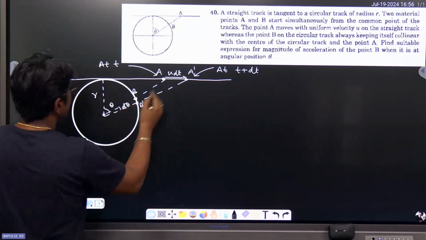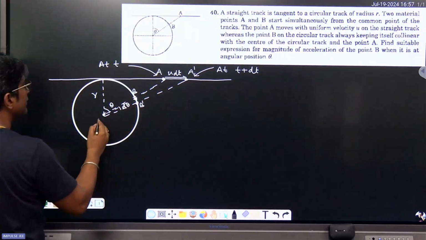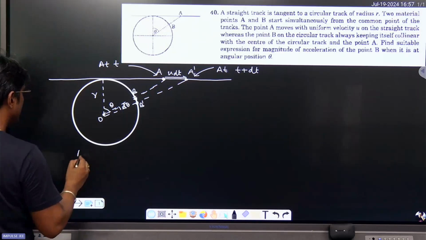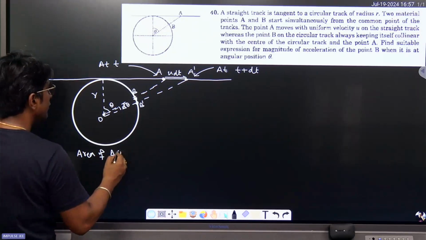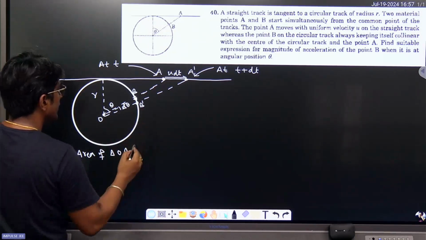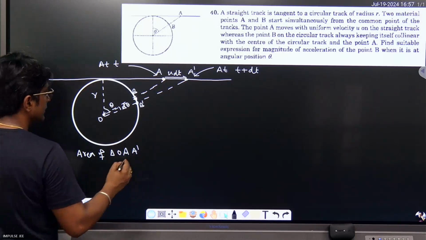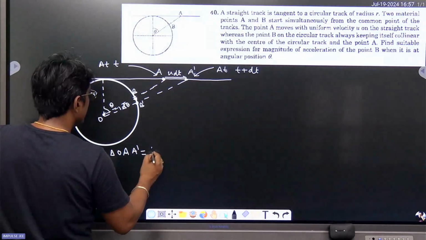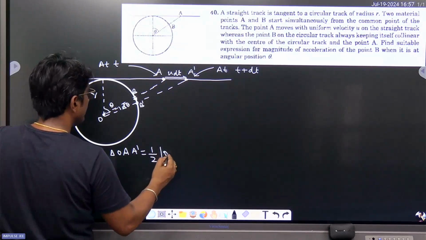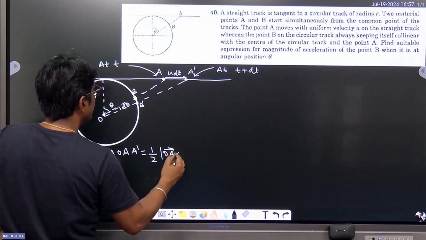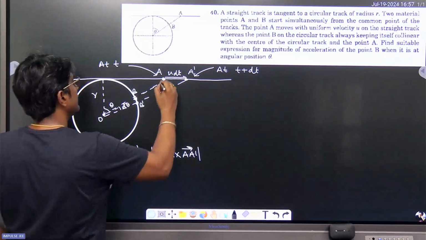If you try to find the area of triangle O, A and A prime, this can be written as half of mod of OA vector cross AA prime vector.